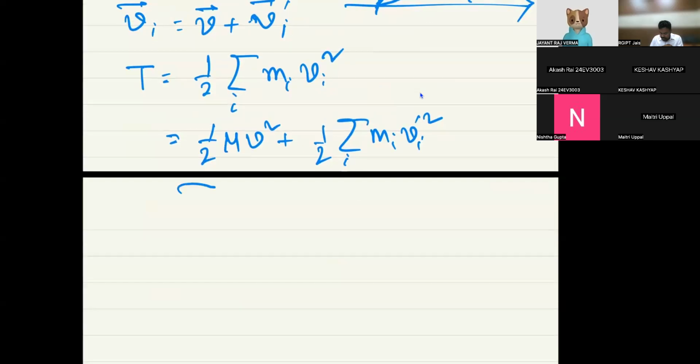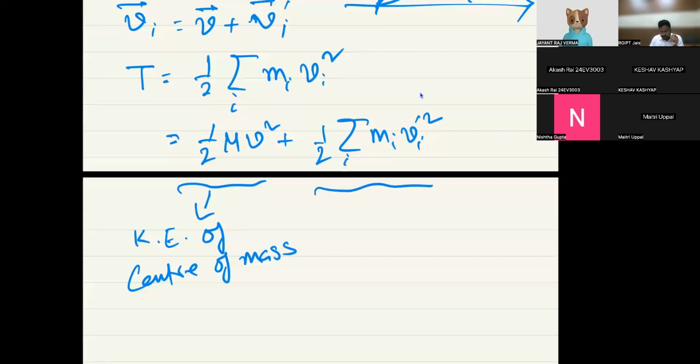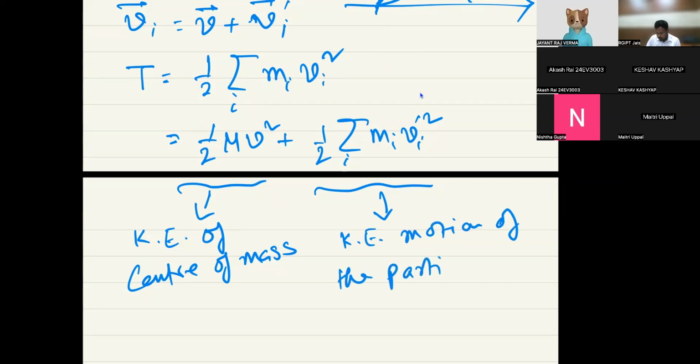The first term is the kinetic energy of the center of mass. The second term represents the kinetic energy appearing because of the motion of the particles around the center of mass.